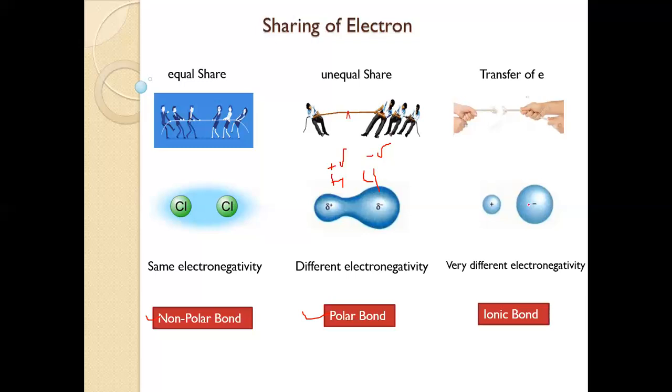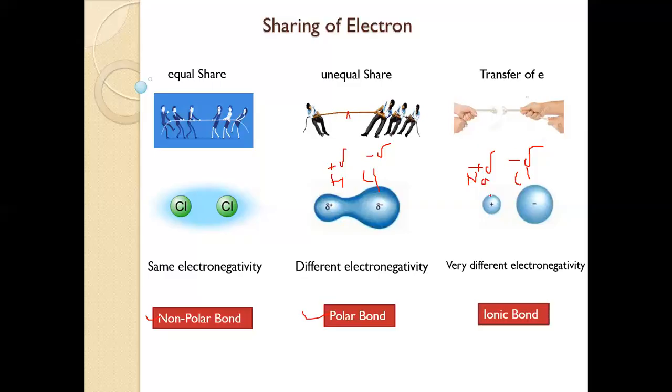At that time all electrons are transferred to the one atom which is more negative. An example of this transfer of electrons is NaCl. Here Cl has very high electronegativity as compared to Na. That's why all the electrons are transferred to Cl, giving a negative charge on Cl and a positive charge on Na.